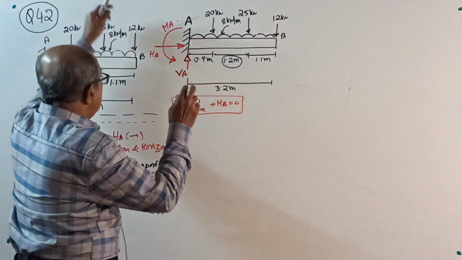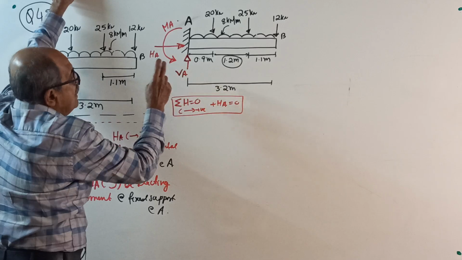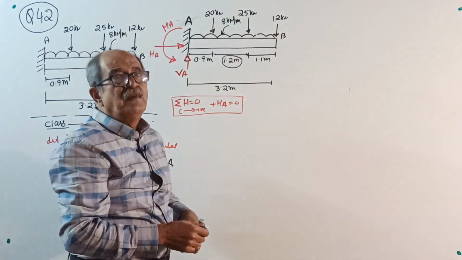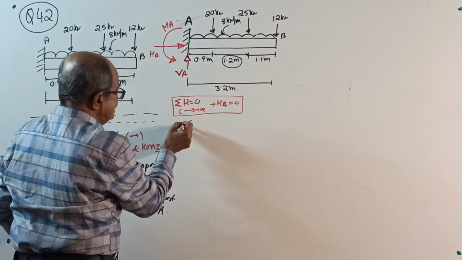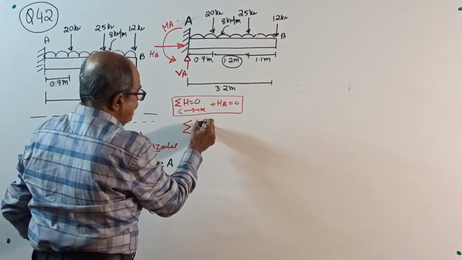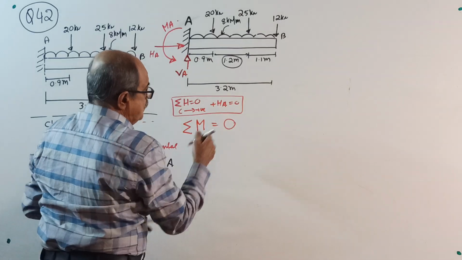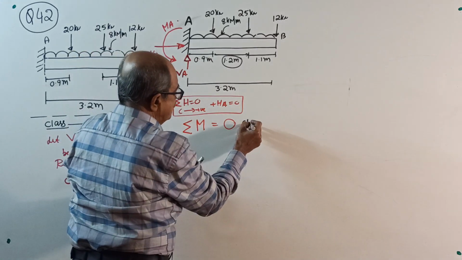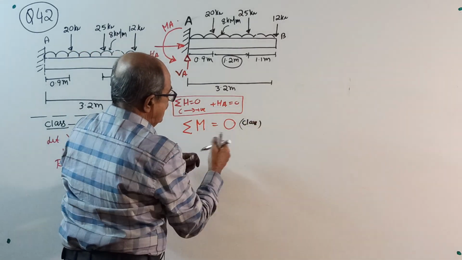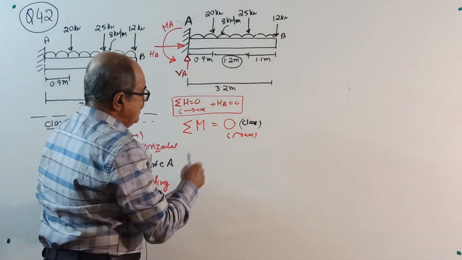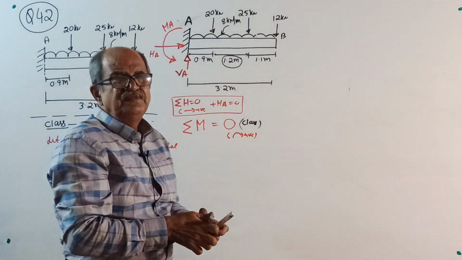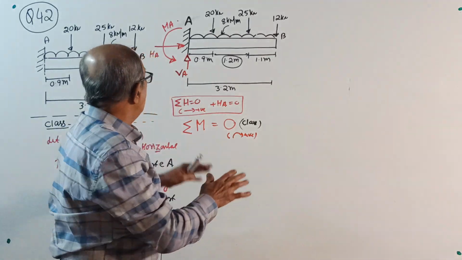Okay, now you are left with VA and MA. Your order is sigma M equal to 0 and sigma V equal to 0. See, always I apply sigma M first. Sigma M is 0. Sign positive. We will take clockwise positive. Make a note here. This sign has nothing to do with the answer.